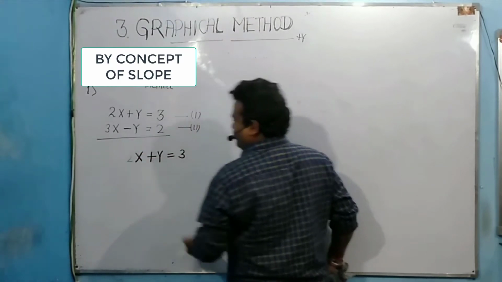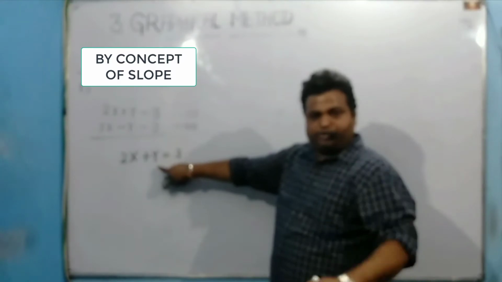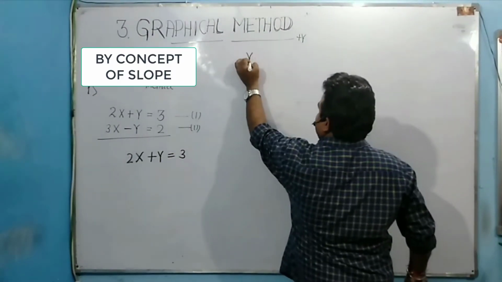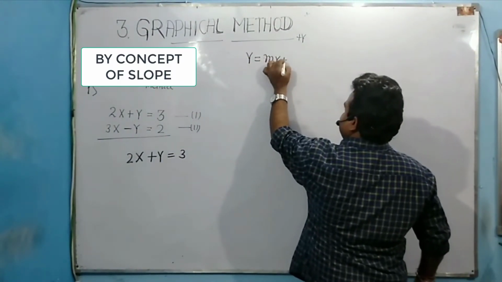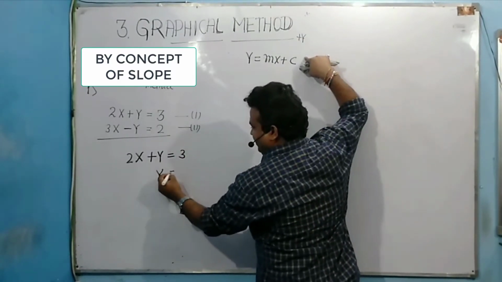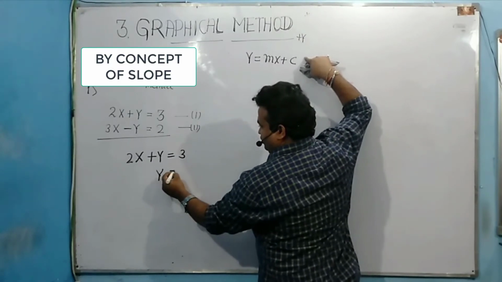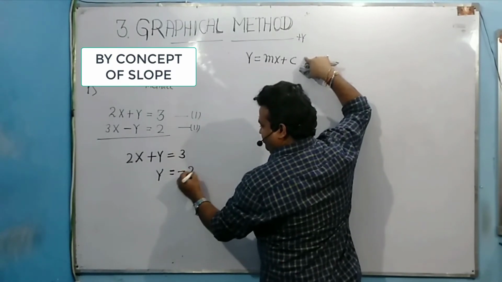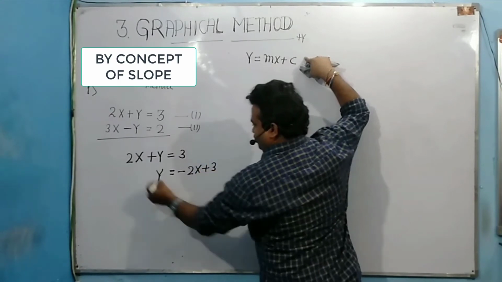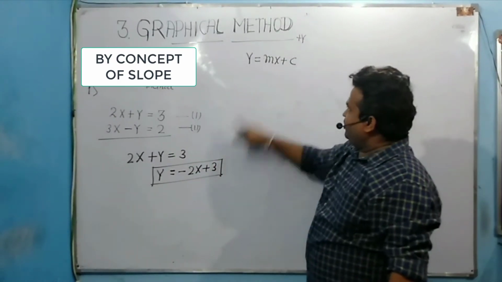First convert this equation into a straight line equation. What is your straight line equation? y equal to mx plus c. So y on the left hand side and the rest on the right hand side. I am shifting this 2x to this side: y equals minus 2x plus 3.